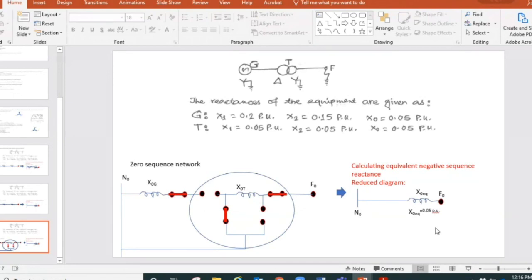No, sir, that red line by the generator. The first one is for the generator, this one is for the generator. And you put it there because the generator is star connected and grounded. Okay. So if it was star connected only, it would just be open. Yes, of course. If it was delta connected, it will still be left open. Okay, thank you, sir.